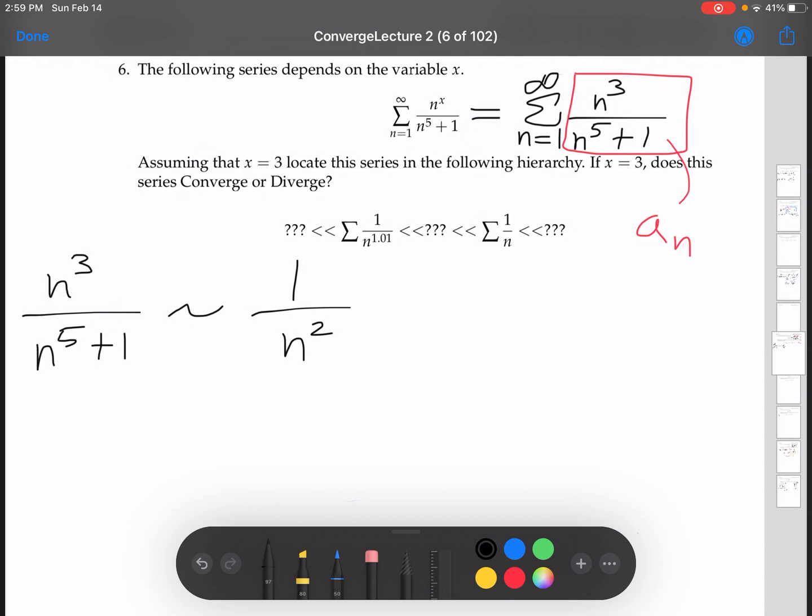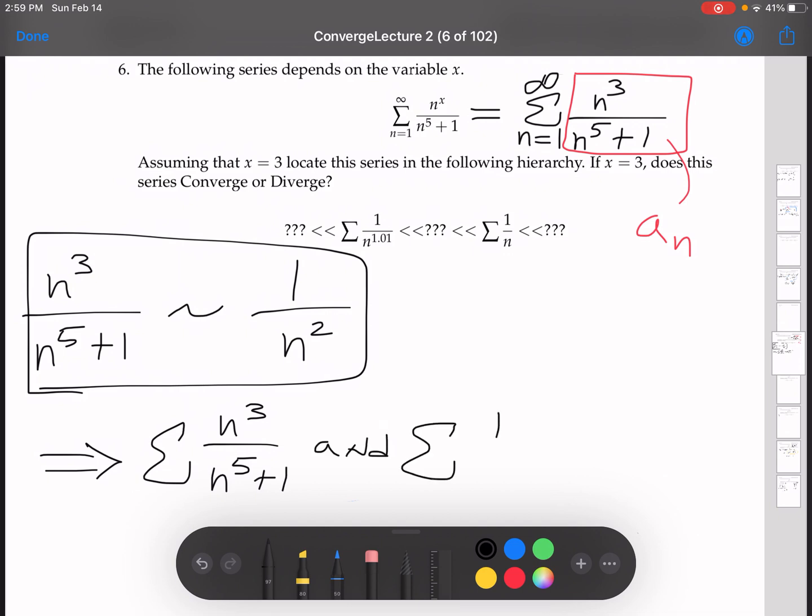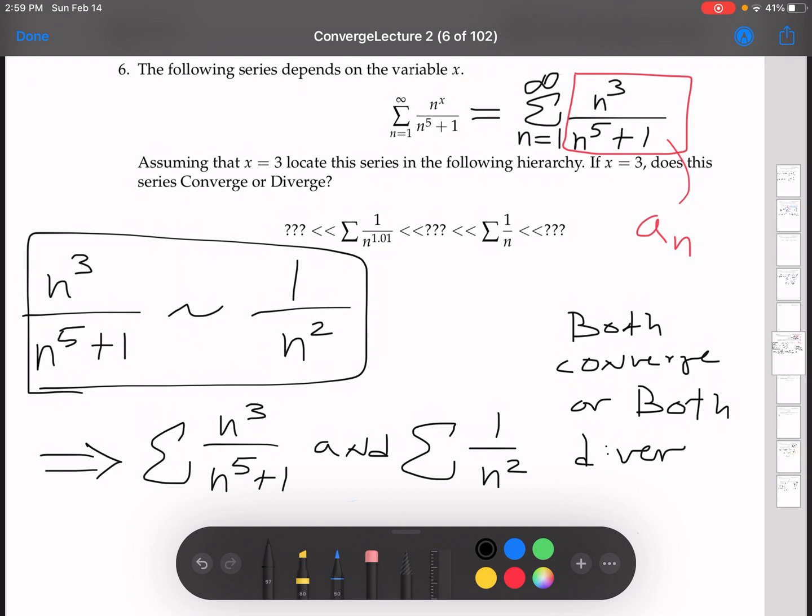So again, what this tells us is that they both converge or both diverge, and they sit in the same place in the hierarchy.